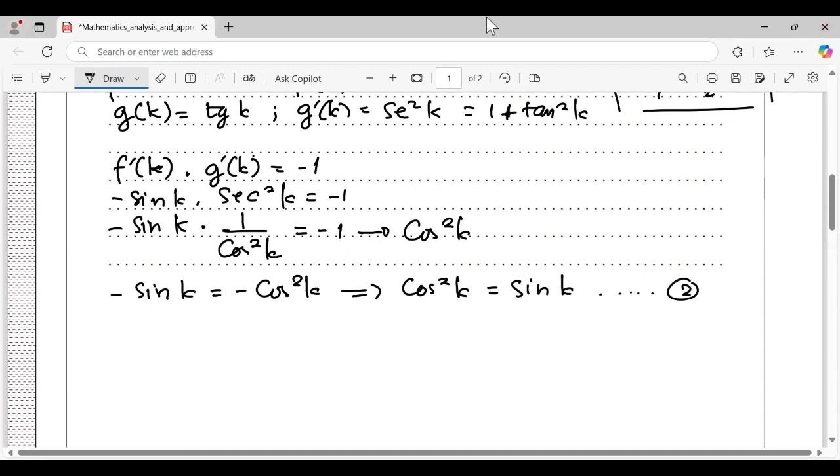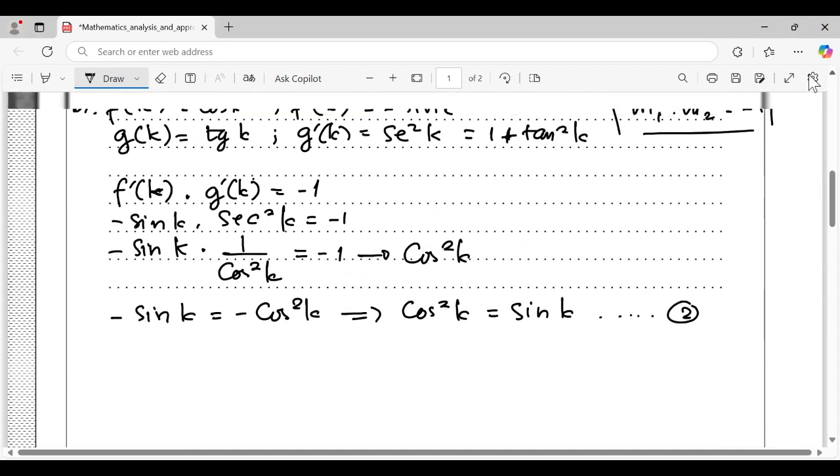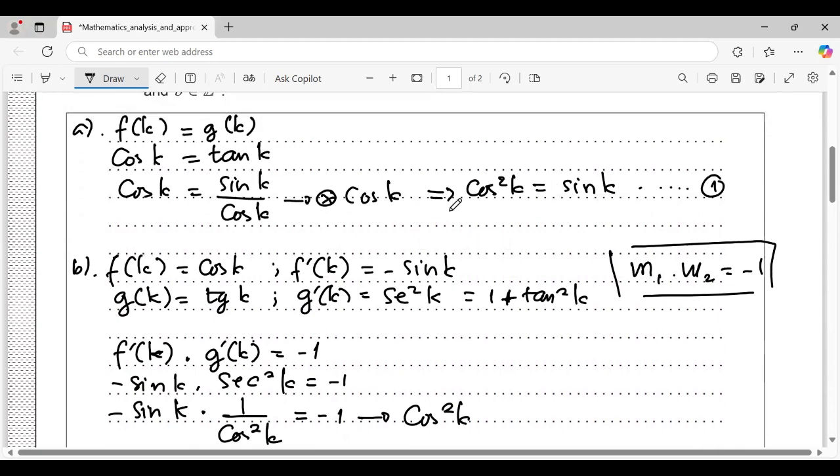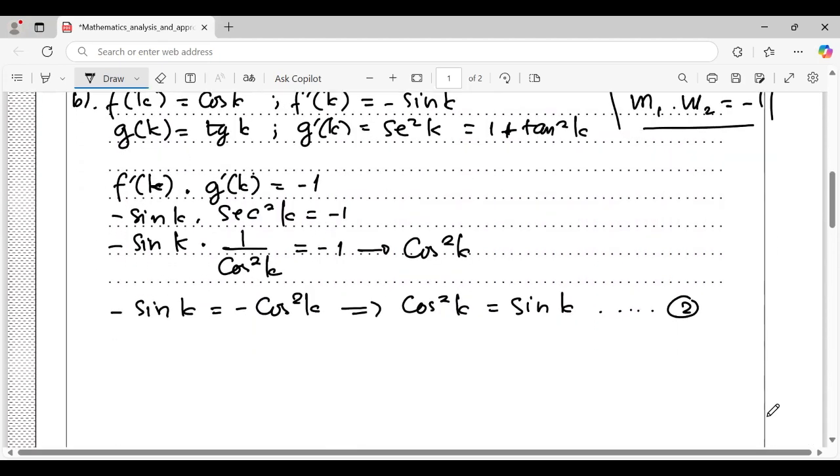Now, if we compare the first equation and the second equation, they are equal.